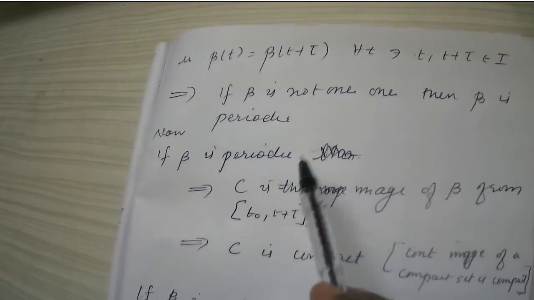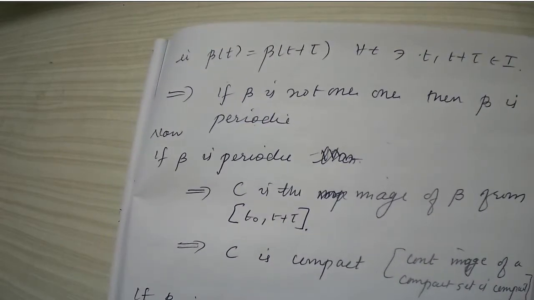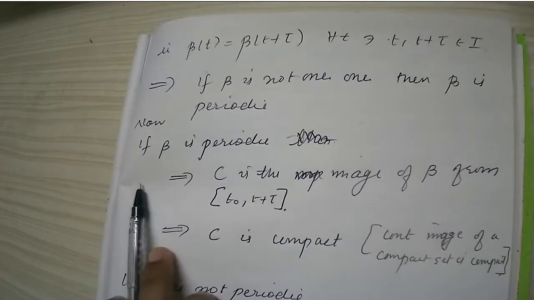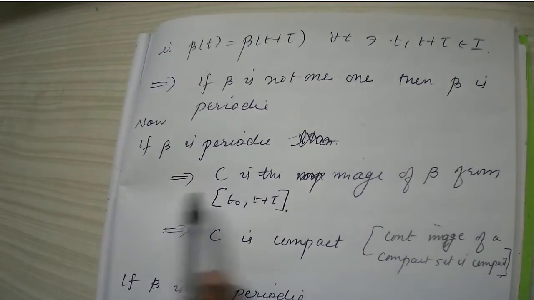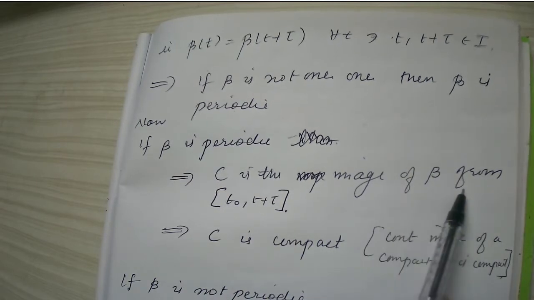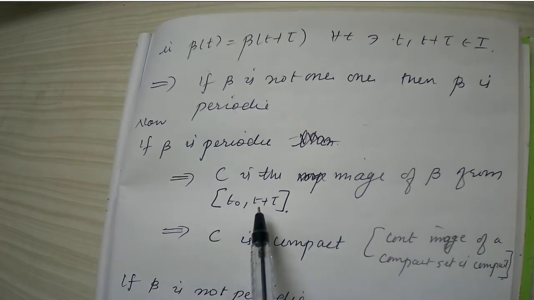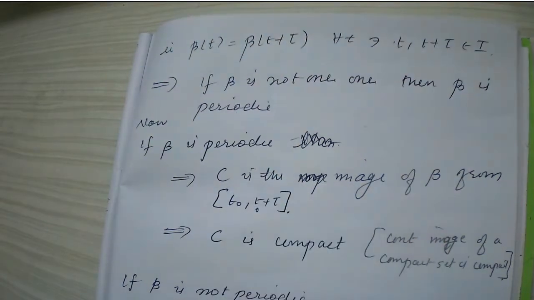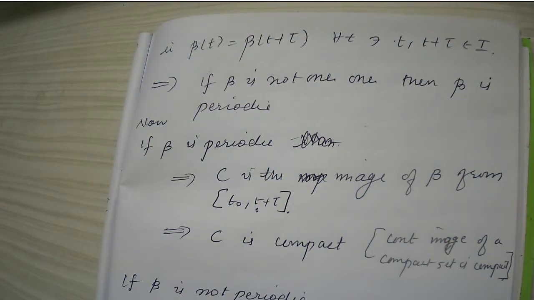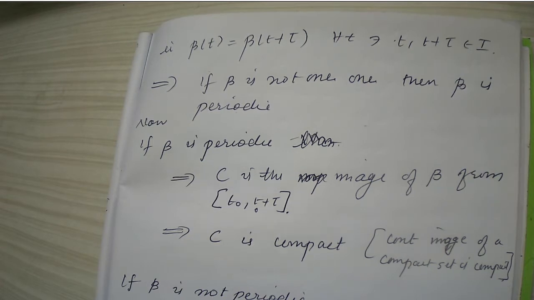Now the next part is, if beta is periodic, we have to show that C is compact. If beta is periodic, then C is the image of beta on the interval from T naught to T naught plus tau, because it is periodic, so the interval of length tau will be repeating again and again.